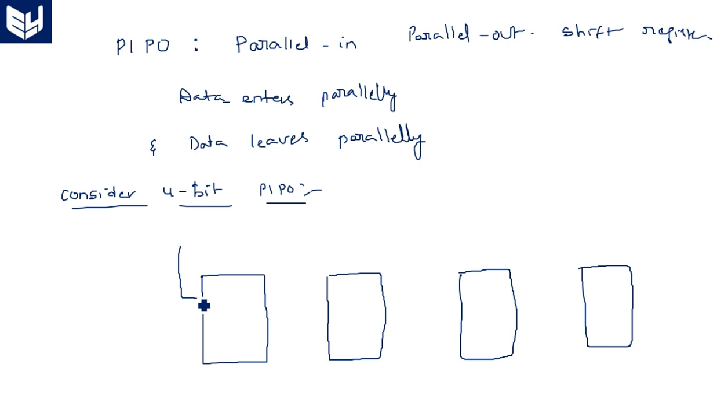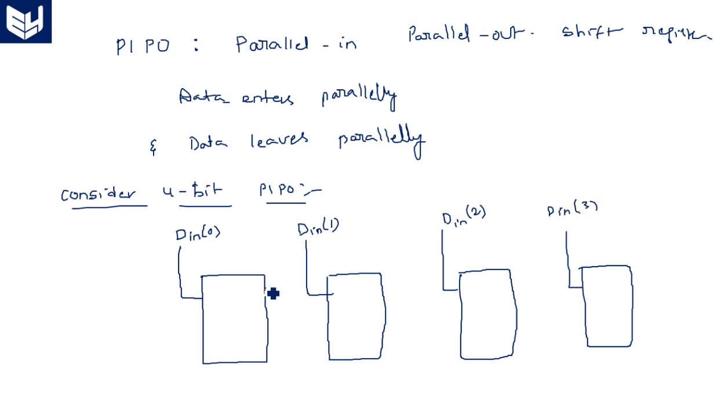As data enters the shift register parallelly, all the flip-flops individually have an input. This is data input D of 0, data input D of 1, data input D of 2, and data input D of 3.